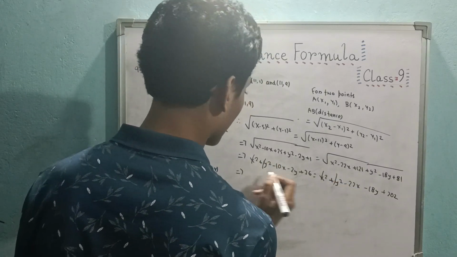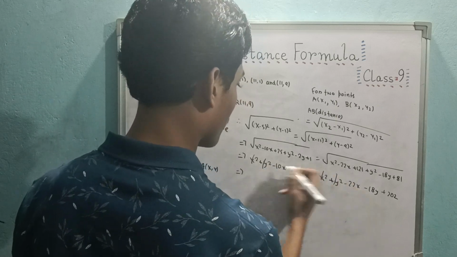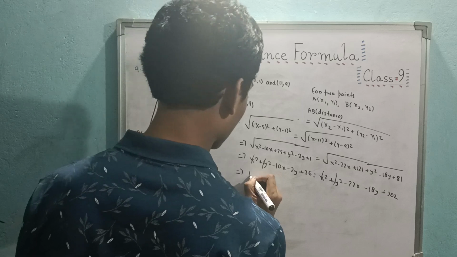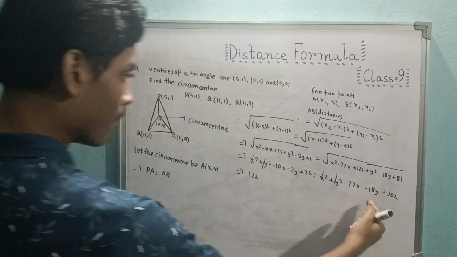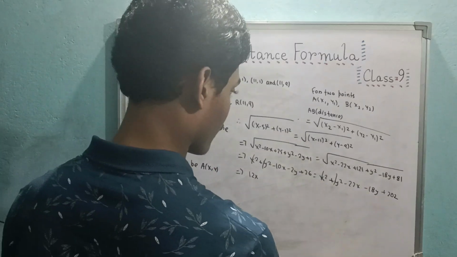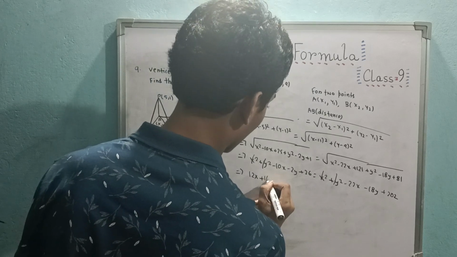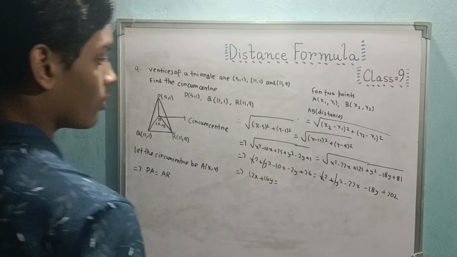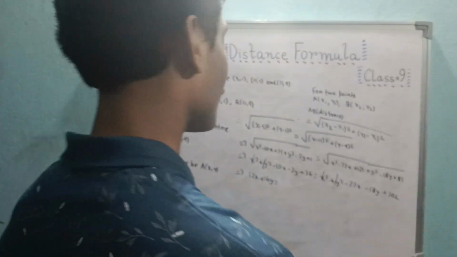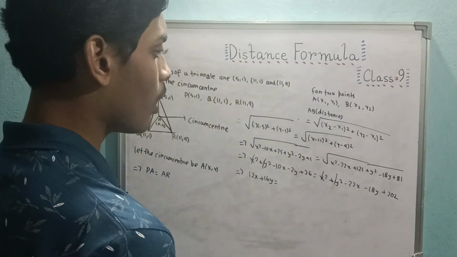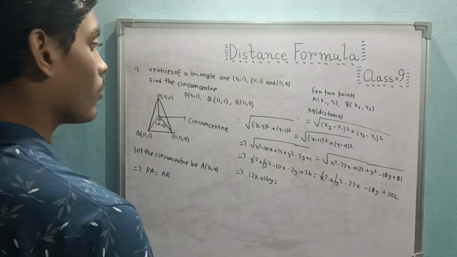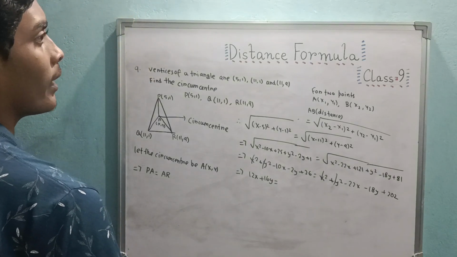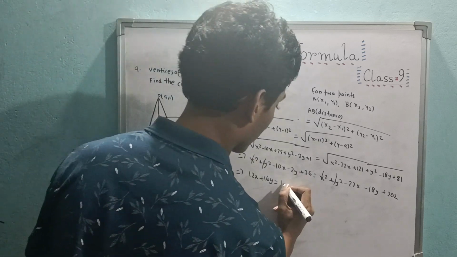Then bring all of them here: minus 10x, if you bring minus 22x to this side, plus 22x, so plus 12x; minus 2y plus 18y, bring it to this side, so plus 16y equal to 202. Shift 26 to that side, then you get 202 minus 26, which is 176.